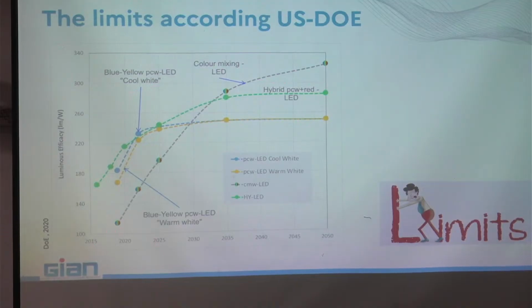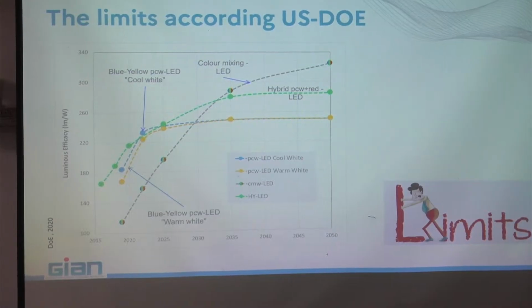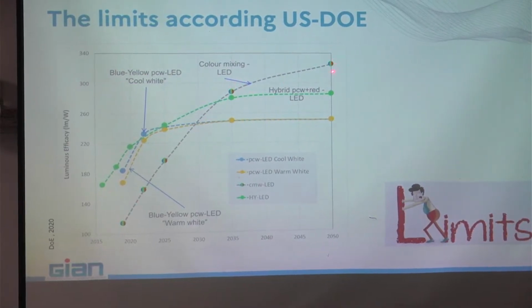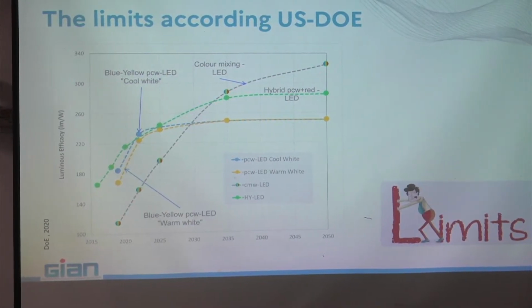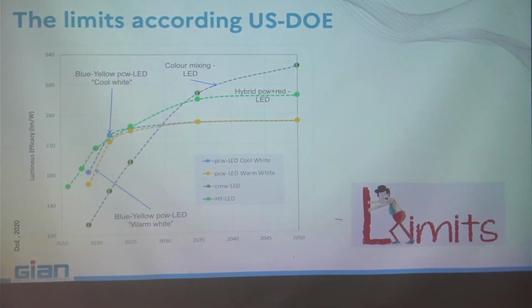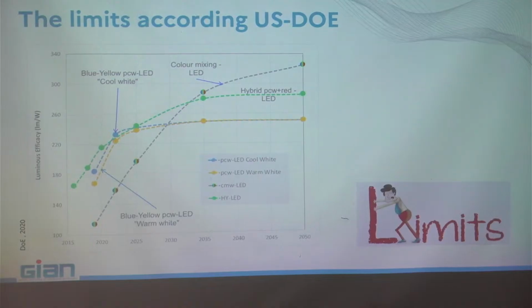And the day that we have an efficient green LED, this is an RGB mix, red, green, blue, you can achieve maybe more than 320, 330 lumen per watt in the next decades.